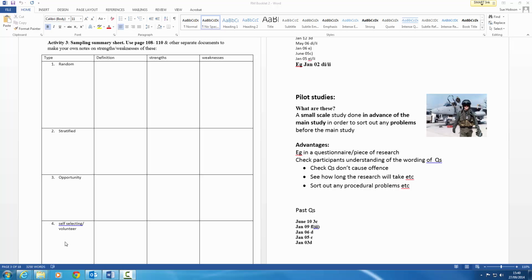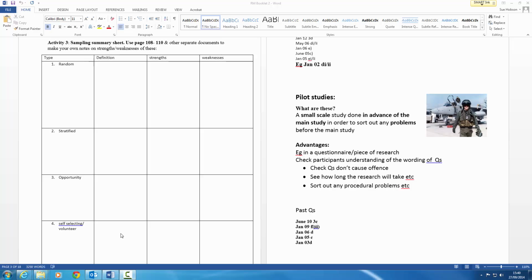And finally, the definition for self-selecting or volunteer sample. This consists of those individuals who have consciously or unconsciously determined their own involvement, taken part, whether they know it or not, they have volunteered. So it could be as obvious as you putting up a list and saying, I need 10 volunteers tonight in prep to help me with my experiment.